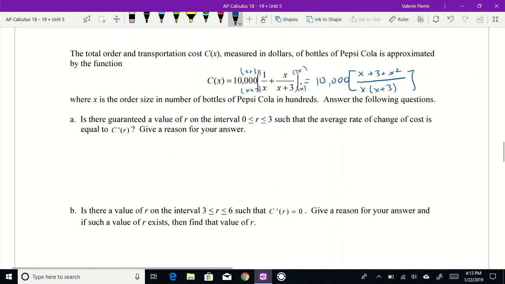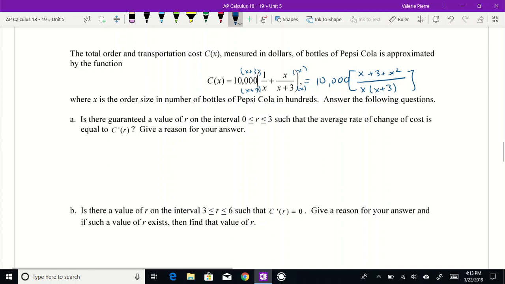All right. So first thing we want to know is, is there a guaranteed value of r on the interval from 0 to 3 such that the average rate of change of cost is equal to the derivative at r?